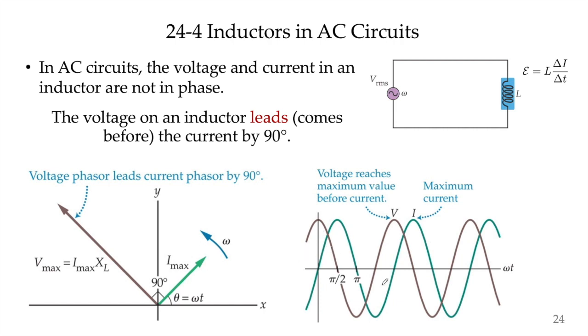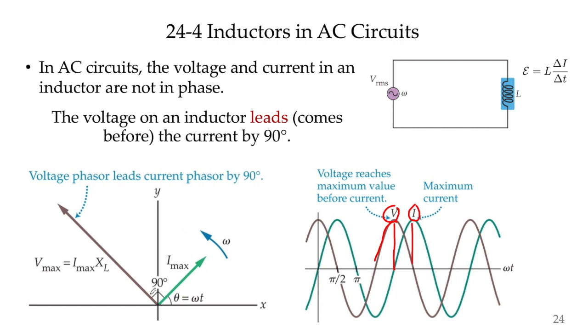the voltage on the inductor, look here, becomes maximum, let's say at this time, but the current becomes maximum at a later time. So the current comes behind, it lags, but the voltage is leading, it comes first. This is exactly opposite of the capacitors, right? And we are going to do RLC circuits where we're going to have resistor, capacitor, and inductor at the same time, and you're going to see all the phases in one diagram.